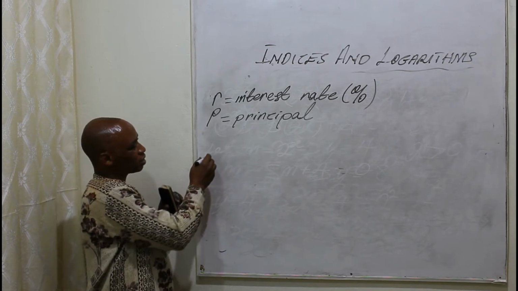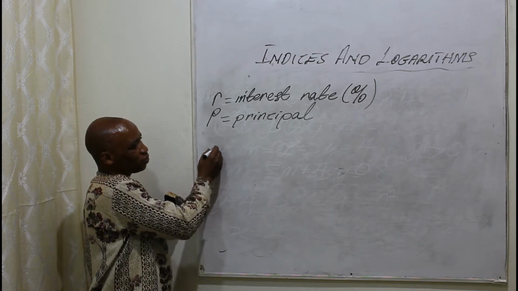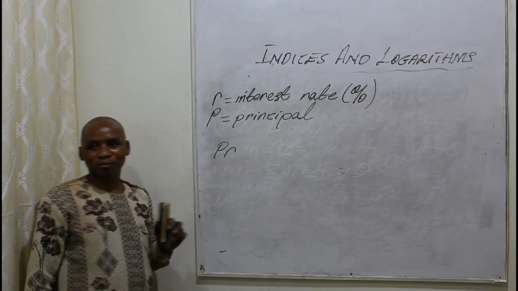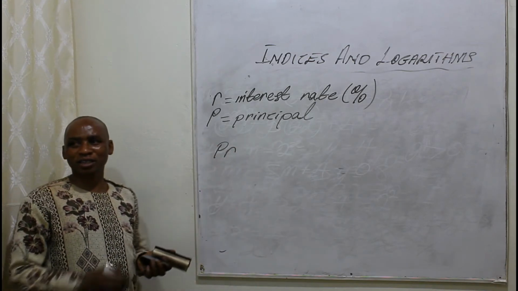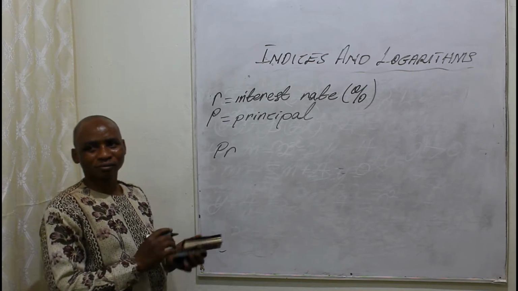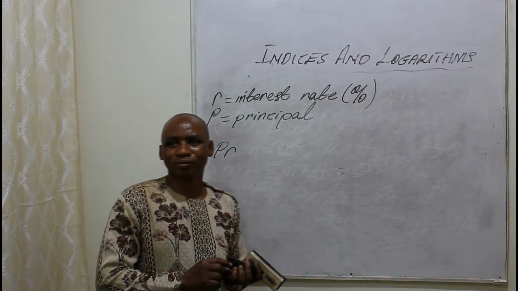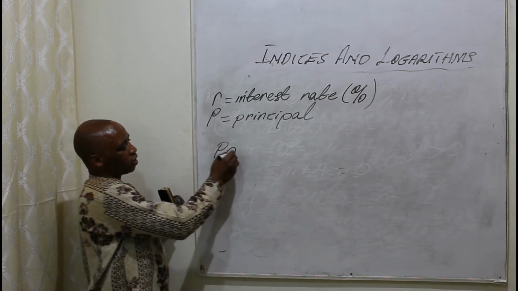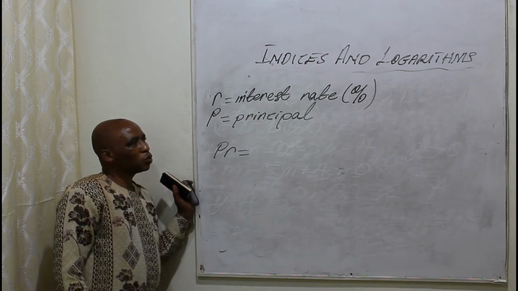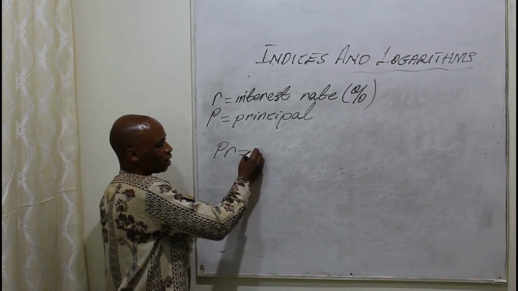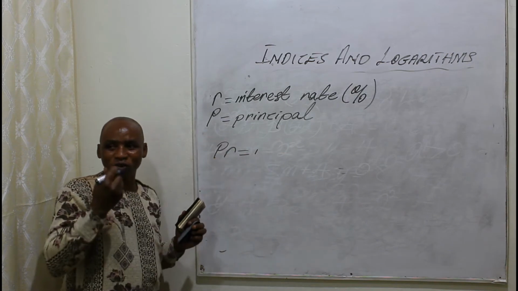So in this case, the interest rate by the principal, that will be PR. This is just for introduction sake. So this PR will be the interest value, that's the value of the interest.